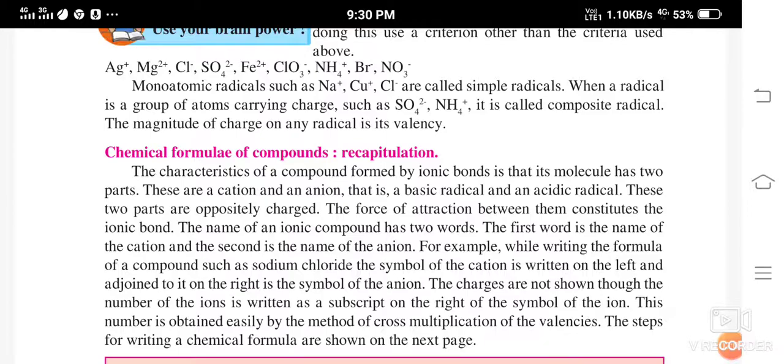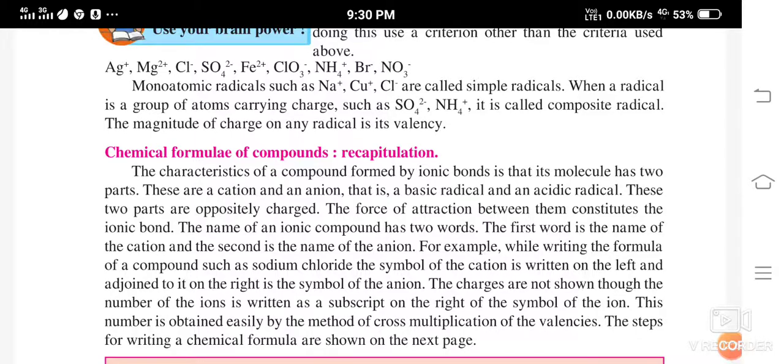You have seen which are the basic radicals and which are the acidic radicals, and these two parts are oppositely charged. One is the cation and the other one is the anion. So the force of attraction between them constitutes the ionic bond.